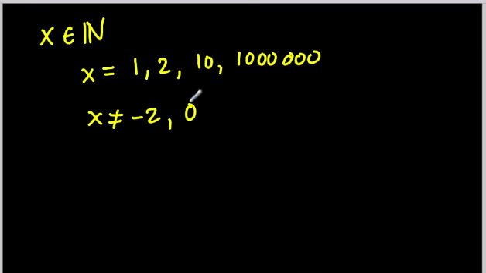X can't be 0 because remember, we've defined the natural numbers not to include 0 for our purposes. It can't be pi, or 2/3, because pi is irrational and 2/3 is a rational number, whereas pi is an irrational number. So that's what that means.